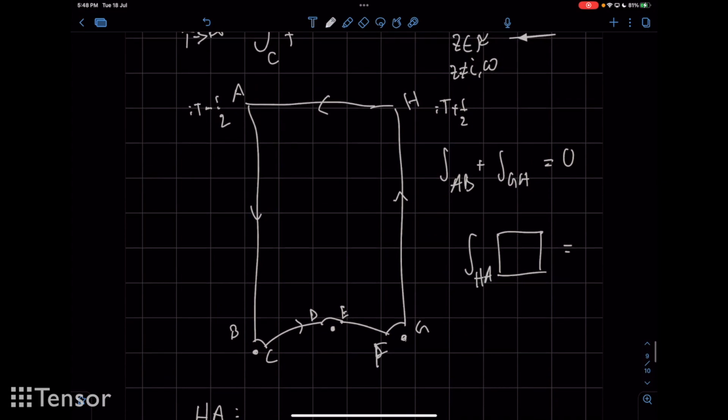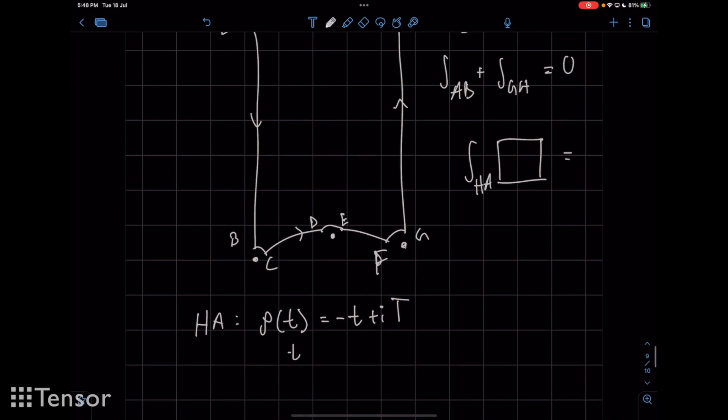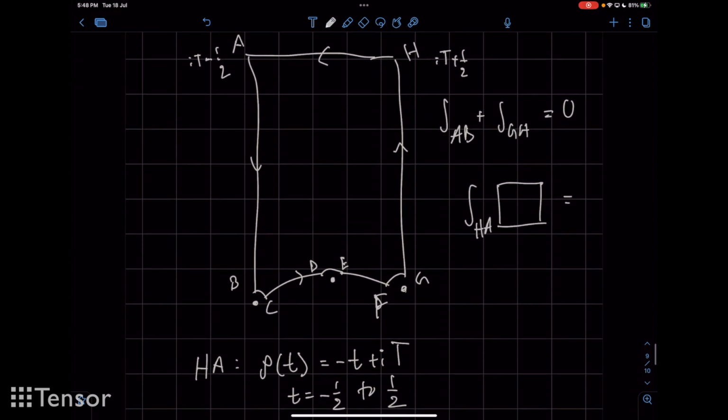So we can parameterize HA as, let's say, rho of t, where rho of t is negative t plus i capital T, and t is from negative half to positive half. Okay. So this is a way to parameterize HA.